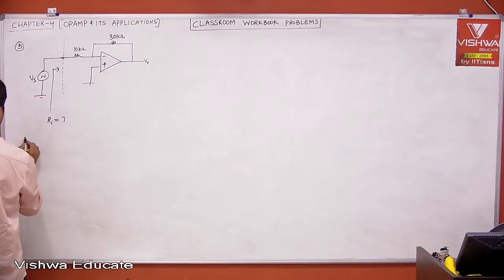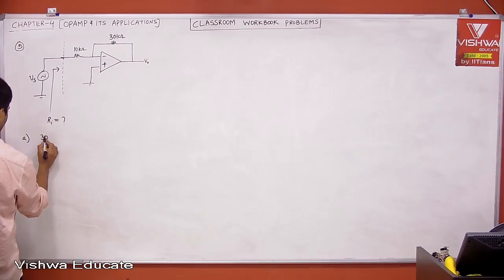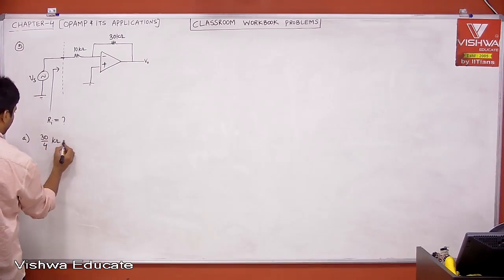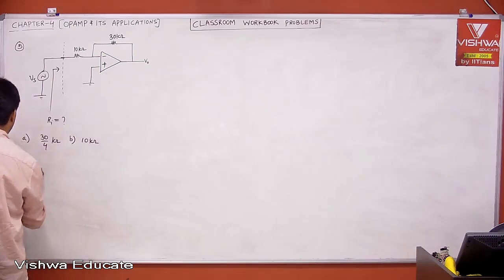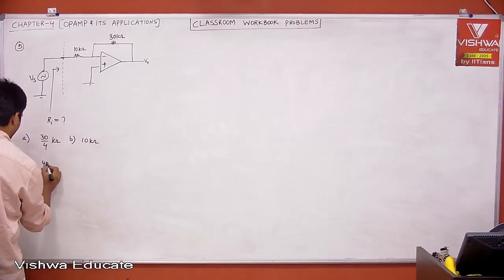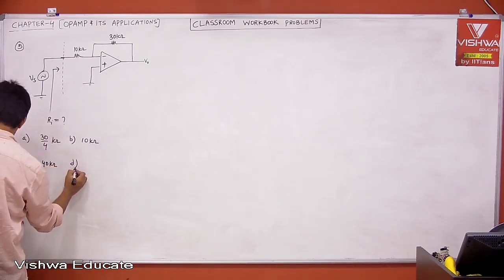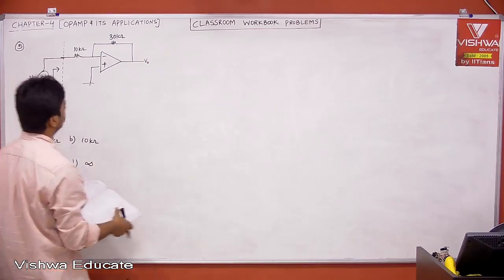What is Ri? Option A: 30 by 4 kilo ohm. Option B: 10 kilo ohm. Option C: 40 kilo ohm. Option D: infinity. Okay.